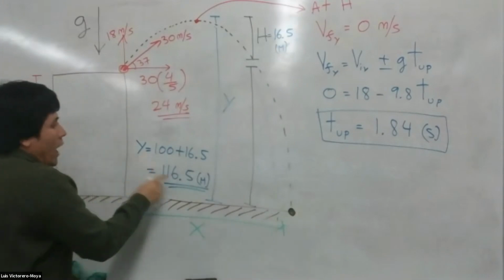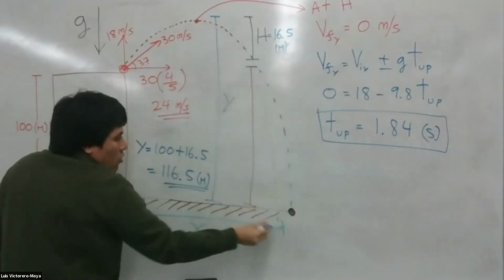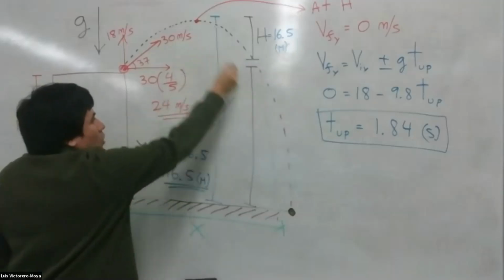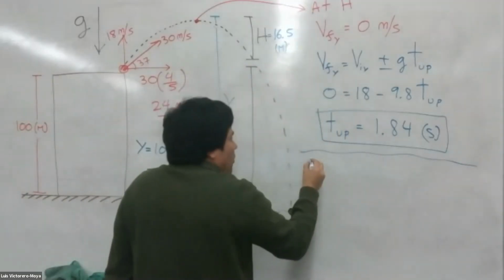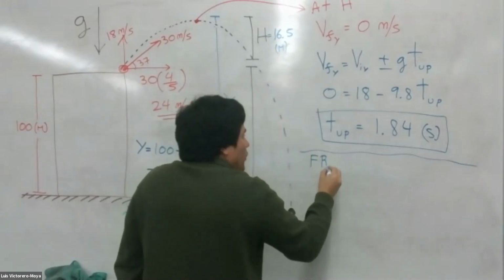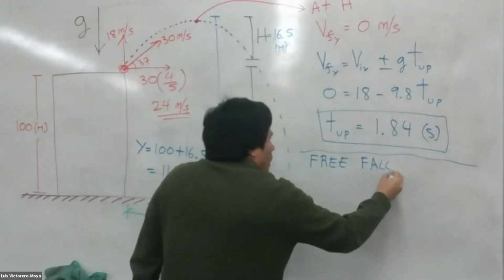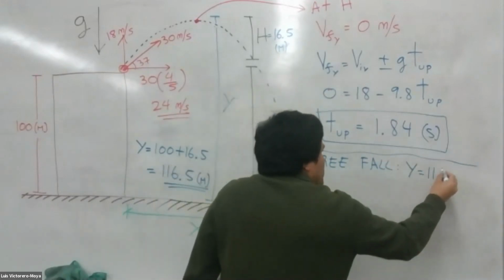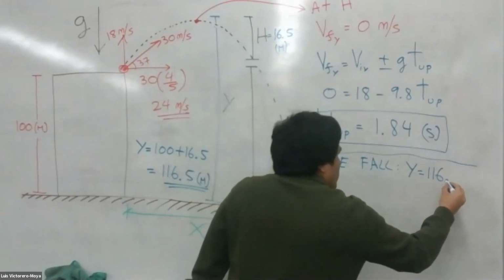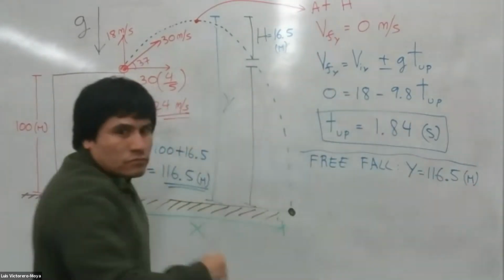So now I have y, and I know that the object is going to fall up until here. So it's going to have now a free fall, where y is equal to 116.5 meters. That's how much it is going to fall.